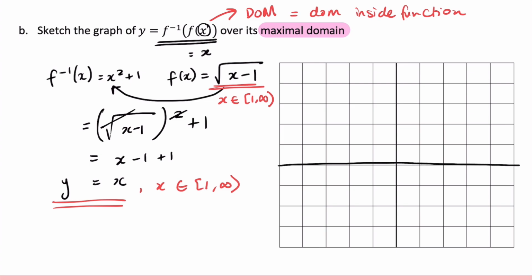We'll draw up a set of axes. And so we'll draw y equals x, but it is specifically from 1 to infinity only. So you need to understand the rules of everything. You need to understand the rules of the inverses. You need to understand the rules of composites, everything to be able to draw this graph here.